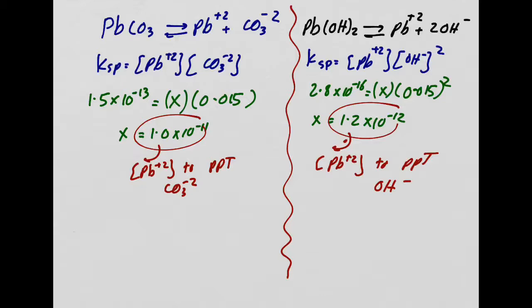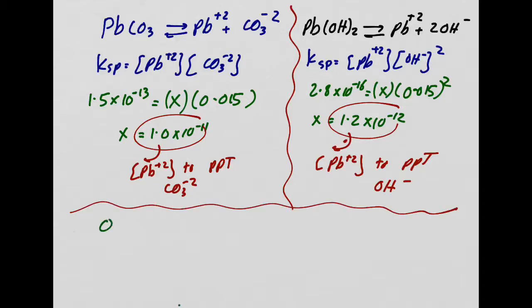So here is going to be the order of precipitation. You do this before you look at my answer. It would be lead hydroxide, then it would be lead carbonate, and the last one would be lead sulfate.